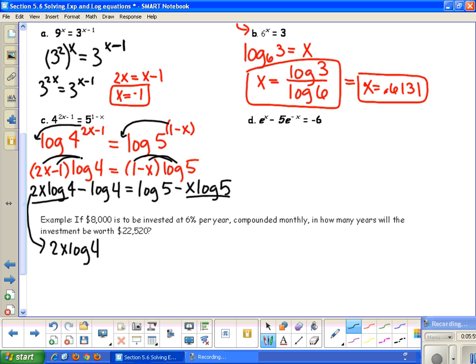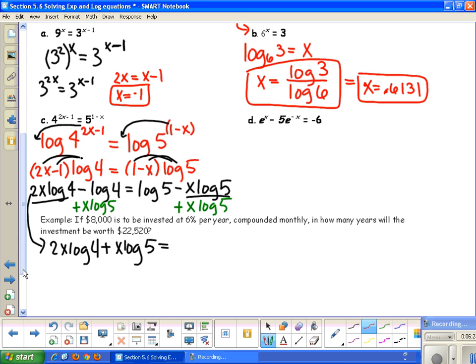I'm going to, in this case, take this and add x log 5 to this side over here. So this would be plus x log 5.